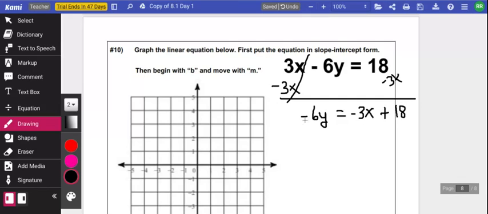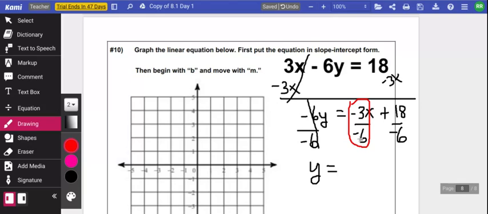Okay, now if I want to solve for y here, I need to divide both sides by -6 to get rid of that coefficient. So everything gets divided by -6. So those -6 simplify because -6 over -6 is 1, and 1 times y is y. That's what I want. Okay, now what is this right here? I got -3 over -6.